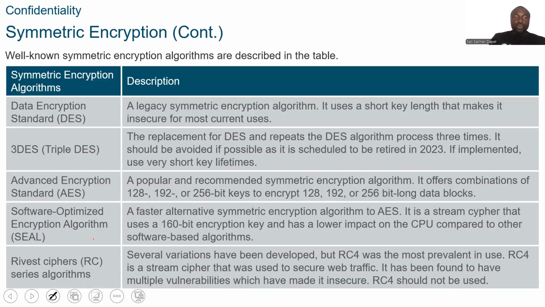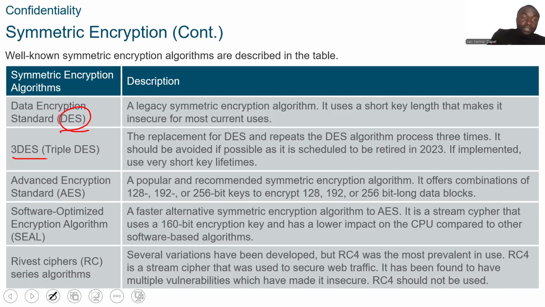So well-known symmetric encryption algorithms, we have them like DES, which is Data Encryption Standard. It's a legacy symmetric encryption algorithm. It uses a short key length that makes it insecure for most current uses. Okay. Then you have Triple DES. All right.